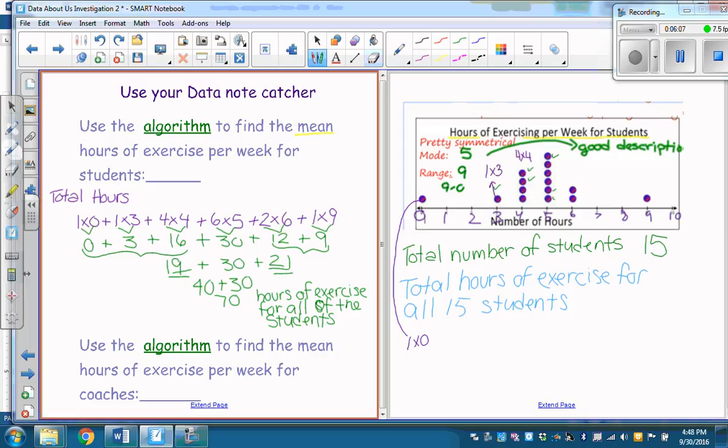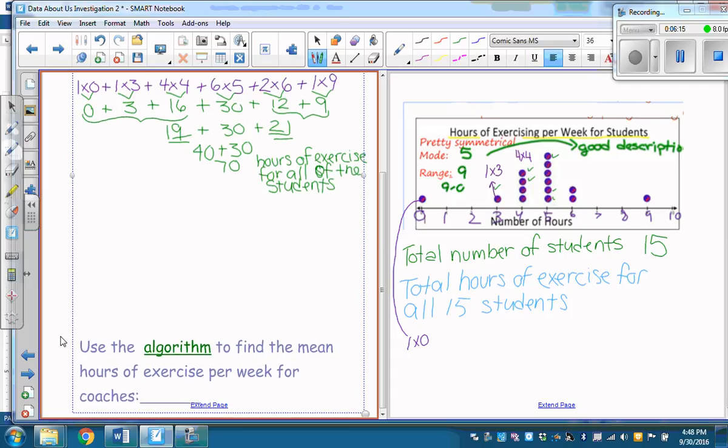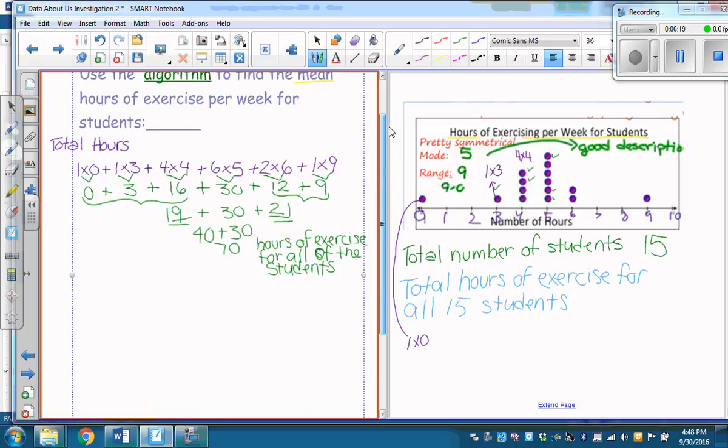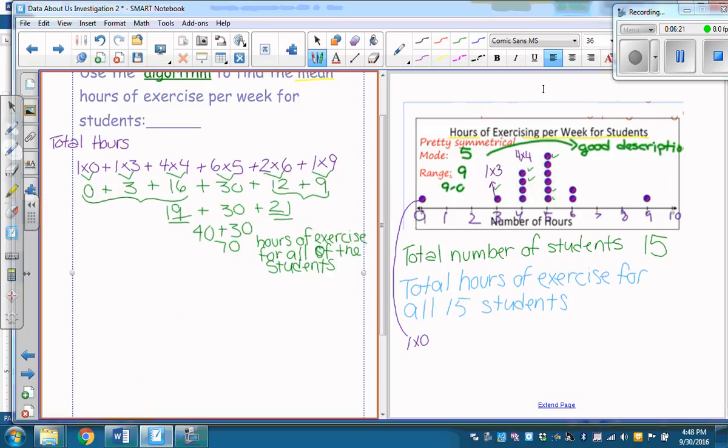Make a little extra space here. To complete the algorithm, I have to take the total number of hours, that's 70.